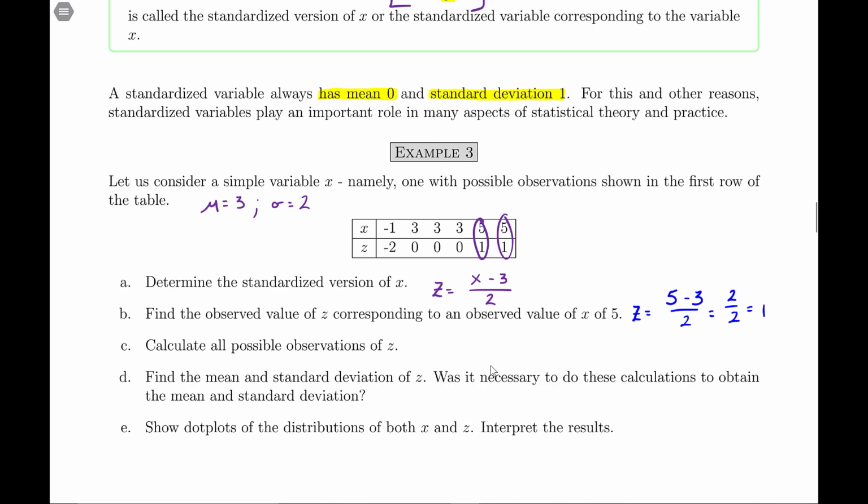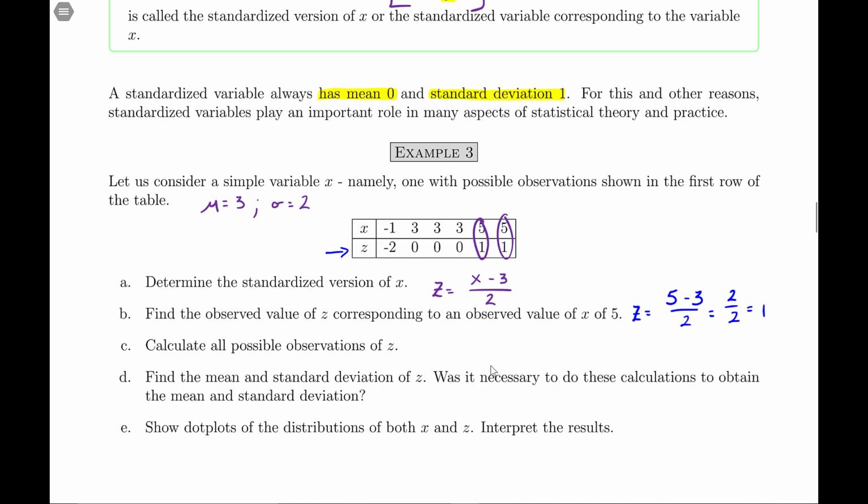Part C, calculate all possible values of Z, all possible observations of the variable X. Or, jumping ahead, calculate all the possible observations of Z. So we would just apply that formula, and what we would end up with is the second row in this table.